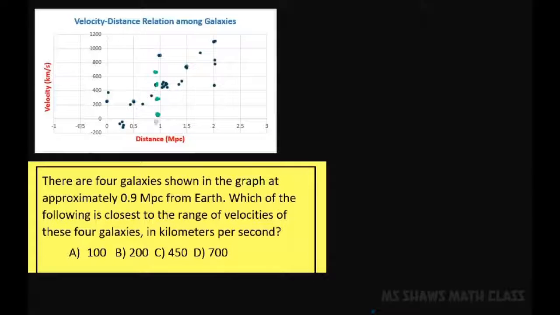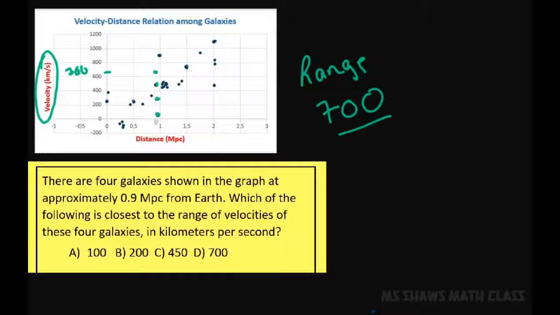And this one's about 700. And it says, which of the following is the closest to the range of the velocities of these 4 galaxies in kilometers per second? So we're back to this unit. And since we're starting very close to 0 and we're going to 700, the range would be 700.